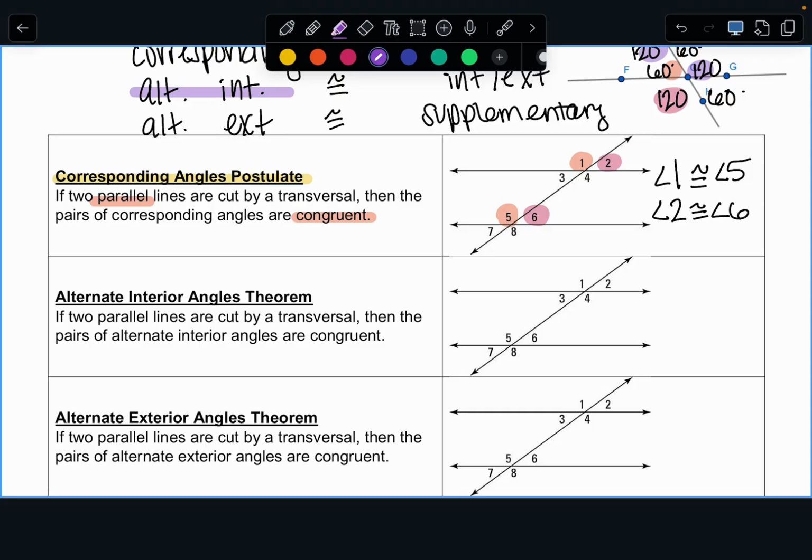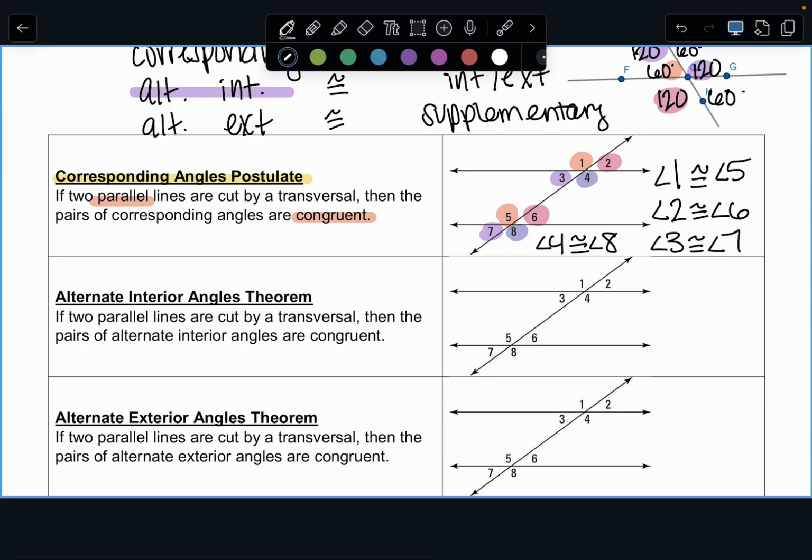What about angle 3? 7. So angle 3 is congruent to angle 7 because they are corresponding angles on 2 parallel lines. And then what's our last pair? 4 and 8. So angle 4 is congruent to angle 8. So just from this one theorem, we have 4 sets of congruent angles.